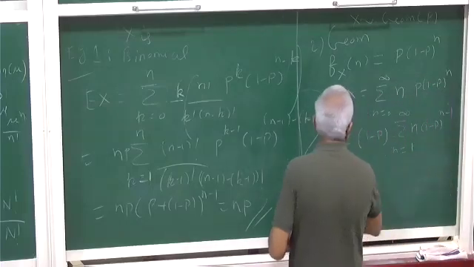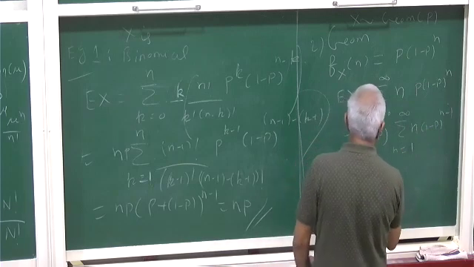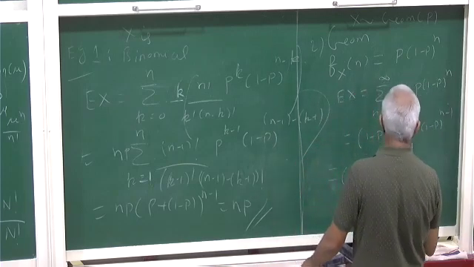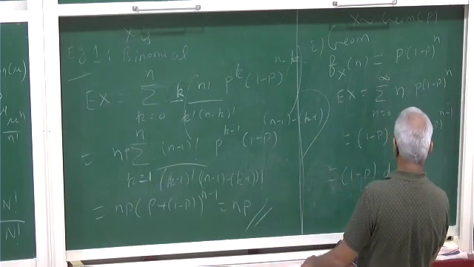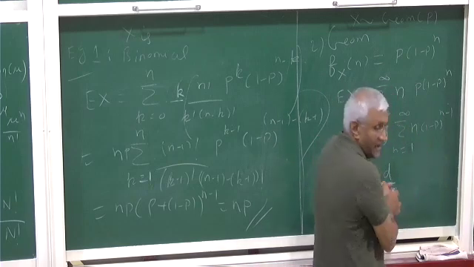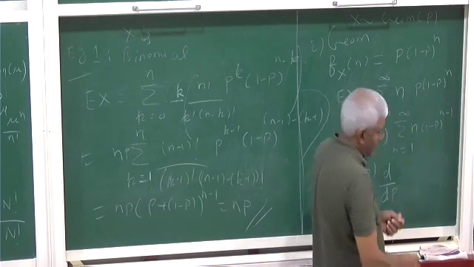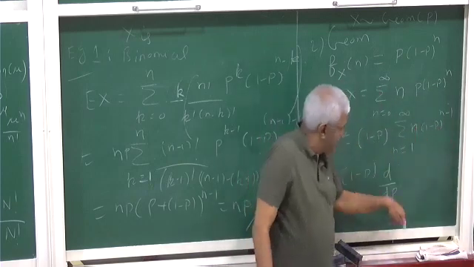Since this is a power series, this is equal to 1 minus p into summation. This is just d by dp, right? p is fixed, but if you want, you can change p as a variable and then apply at that equal to p.